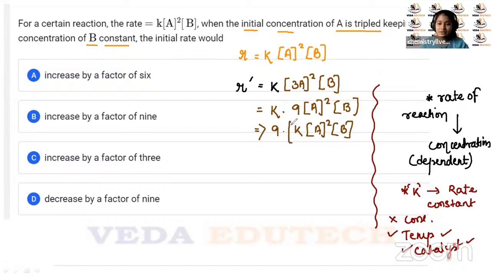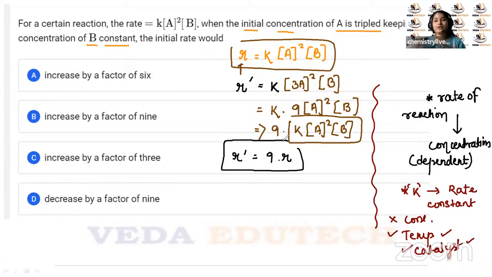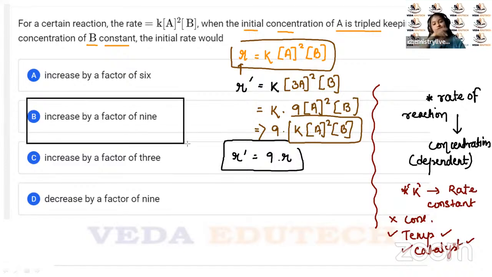But we know this part is exactly the same as this part, which is nothing but R. So can I write here that R dash is equal to 9 into R. So the initial rate has now become 9 times. So it has increased by 9 times. So can I say that your answer is going to be this one, that is increases by a factor of 9. So your new rate of reaction has increased by a factor of 9.